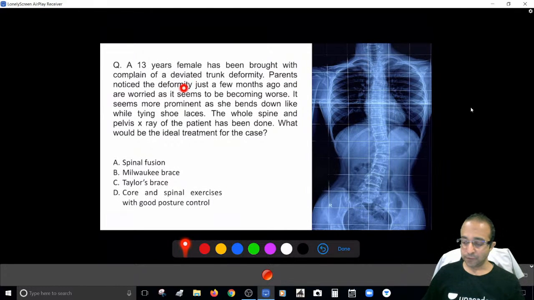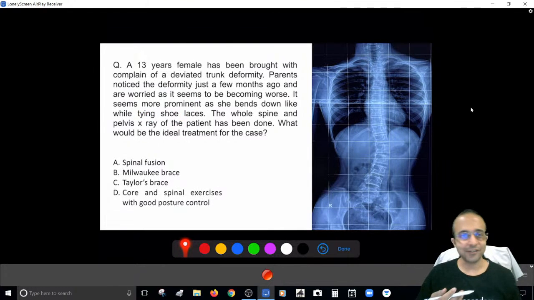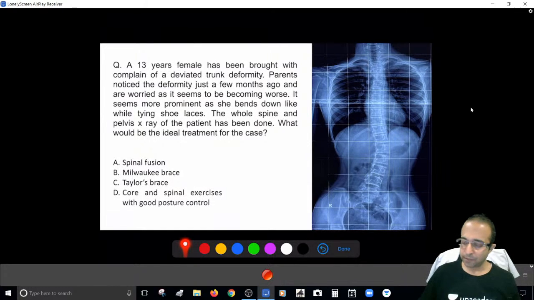You noticed this deformity a little while ago, and now this girl is worried that it's becoming worse and she might have a bad prognosis. The deformity becomes more prominent as she bends down, and that's how she got to know she has it. She bent down to tie her laces and the deformity became prominent. But again, the worry is whether it will become worse or not.